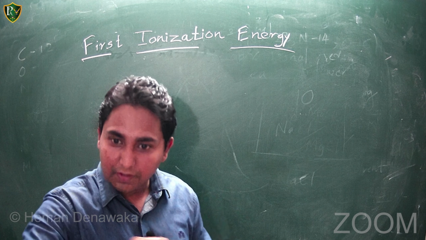The reason being, nitrogen is comparatively stable in nature, therefore the first ionization energy is slightly higher than oxygen. From oxygen it will again rise to fluorine, and then it will peak at neon, which is a noble gas.